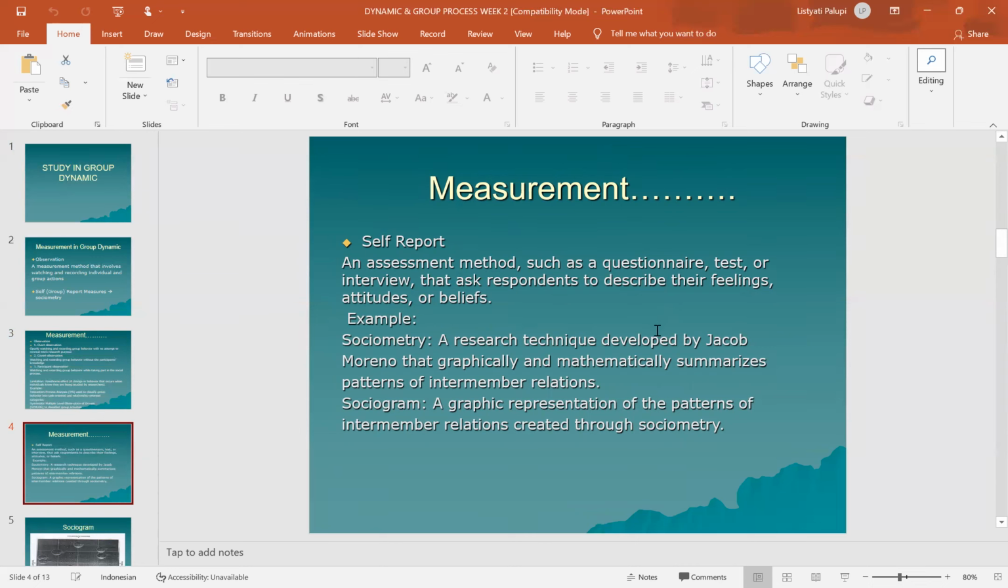Sociometry is a research technique developed by Jacob Moreno that graphically and mathematically summarizes patterns of intermember relations. The next example that uses self-report to study group processes is the sociogram. A sociogram is a graphic representation of the patterns of intermember relations created through sociometry.